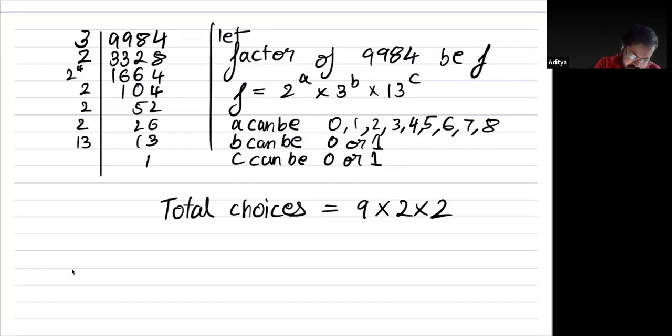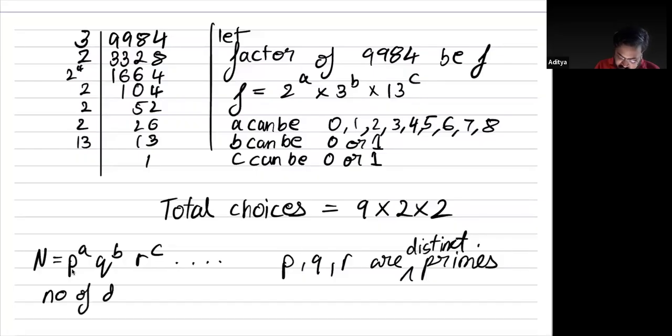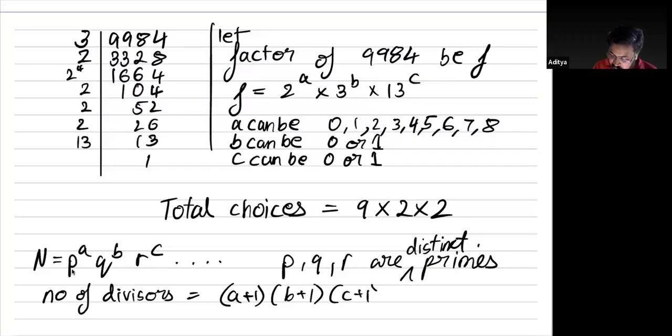The general formula is, if you have some n equal to p to the power a, q to the power b, r to the power c, and so on, where p, q, r are distinct primes, then the number of factors, the number of divisors, is straight away a formula: (a plus 1)(b plus 1)(c plus 1), and so on.